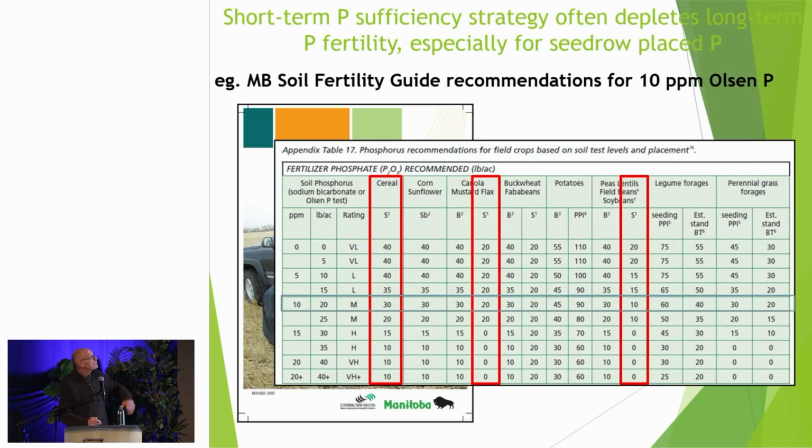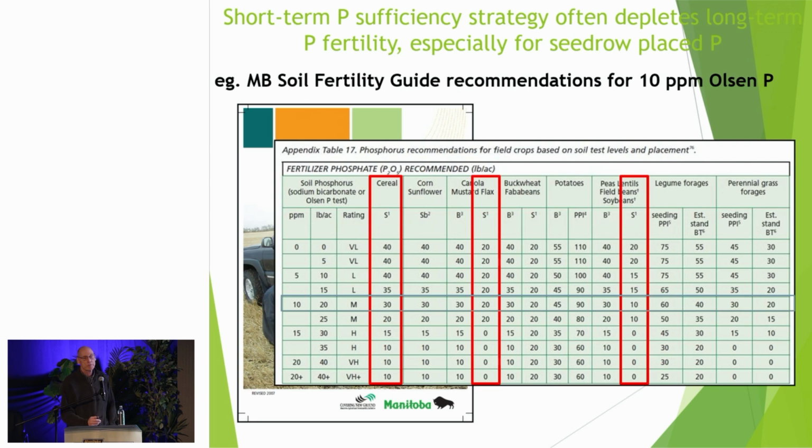So the sufficiency approach is what's typically printed in our guide and others, and it's a really good approach to use in a year like this. If crop prices are modest but phosphorus is high, it may be something that you may choose to use.